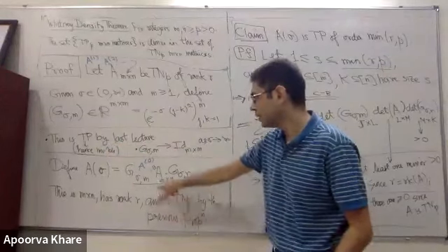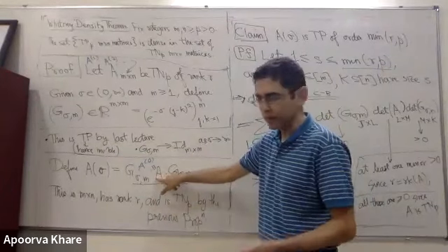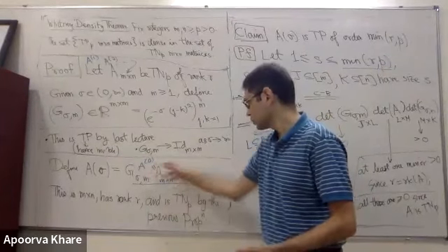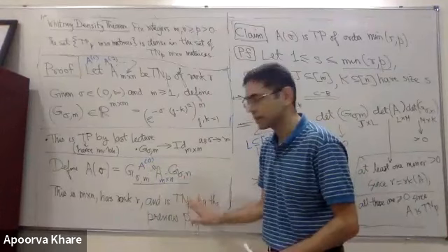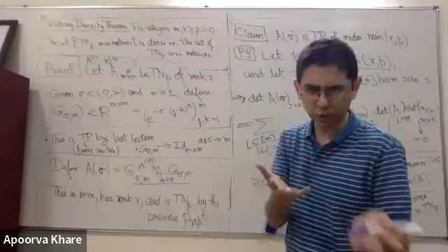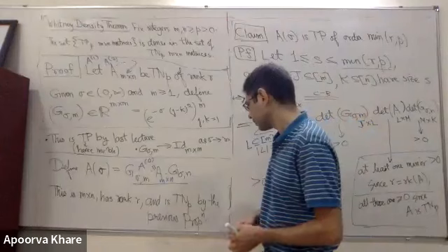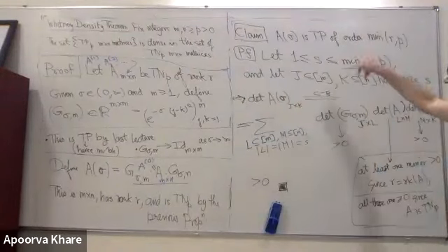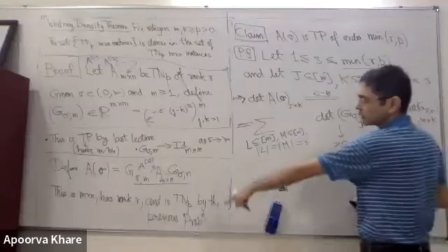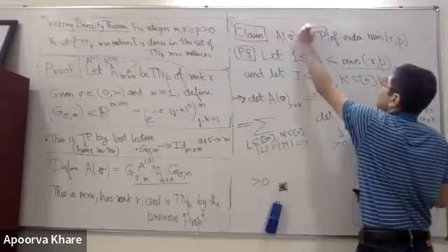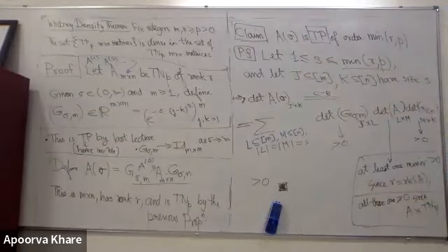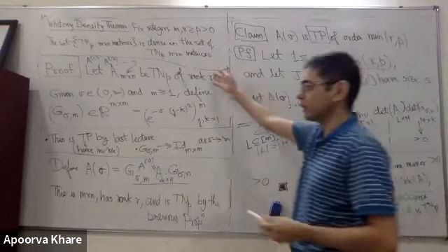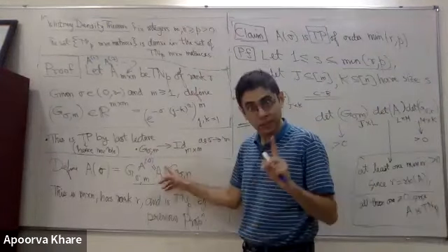And by Cauchy-Binet, because A was TNp of order p, the pre- and post-multiplied matrix still stays TNp of order p. That was one of your tutorial problems, or follows from the previous proposition. But now here is the point. So far we just talked about TNp, but now we talk about TPp. A of sigma, A itself can be the zero matrix, and A of sigma can still be the zero matrix.